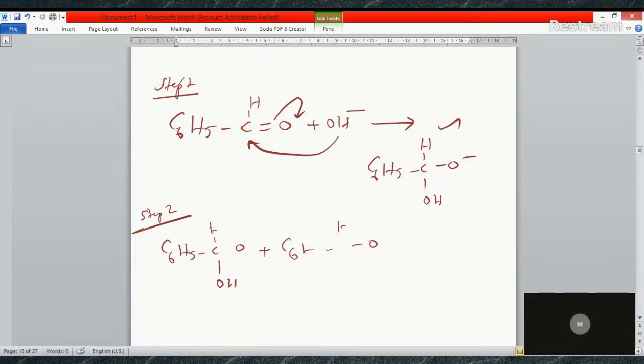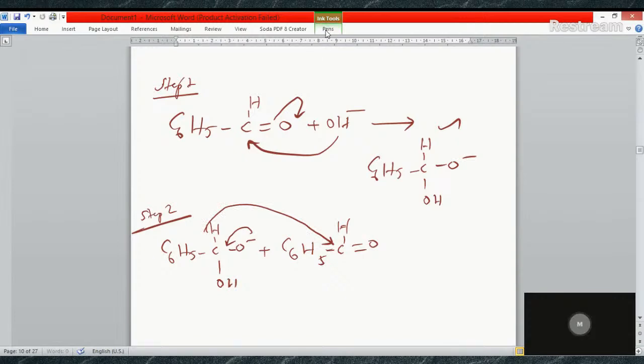There are two changes which take place simultaneously. One, the pair of electrons present on the oxygen atom moves towards this side, so there will be a double bond. Immediately this hydrogen is shifted to this particular carbon.